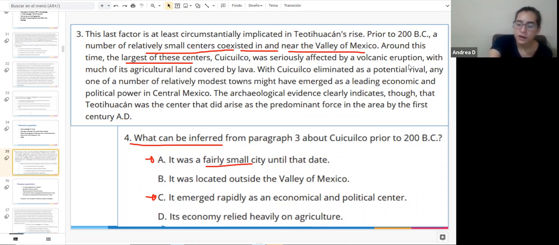What about you guys? Can somebody explain C? Why C? Why would it be C? What makes you think it's C? Can anyone explain?